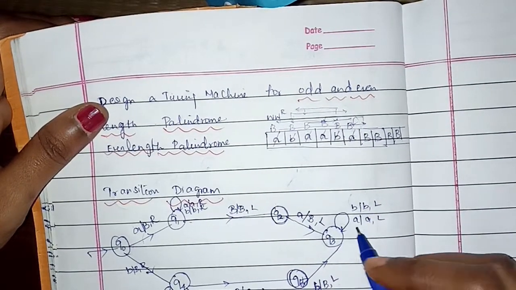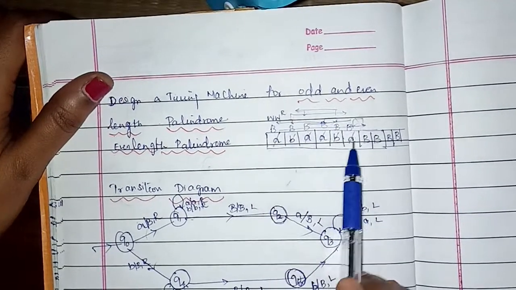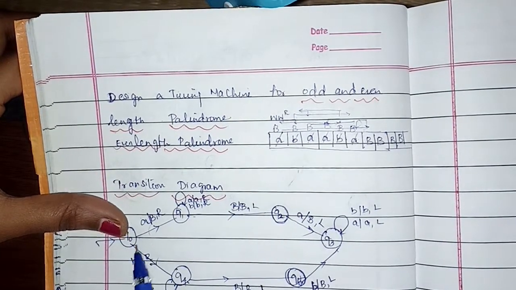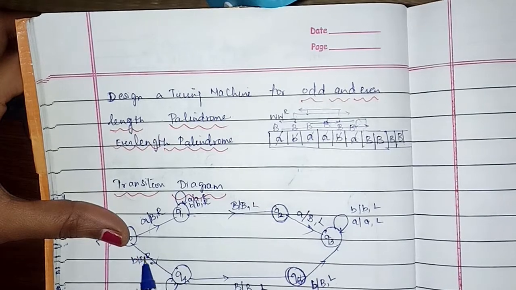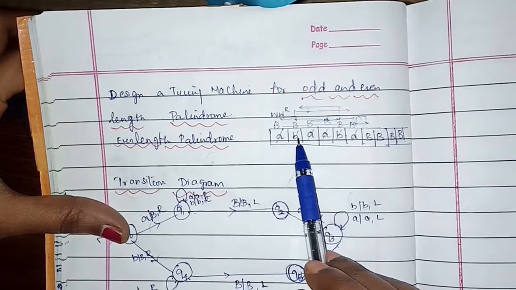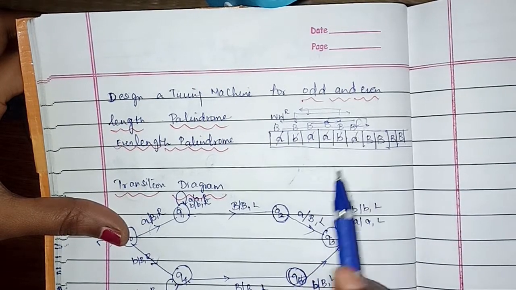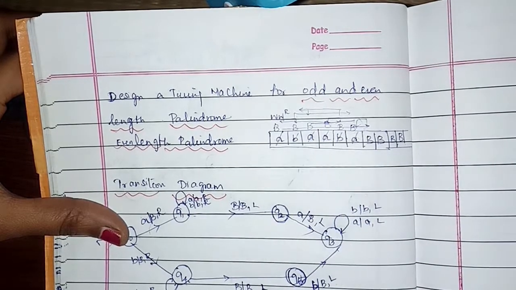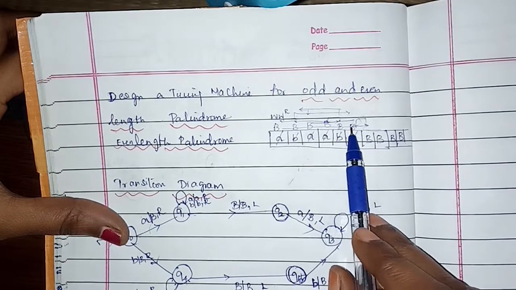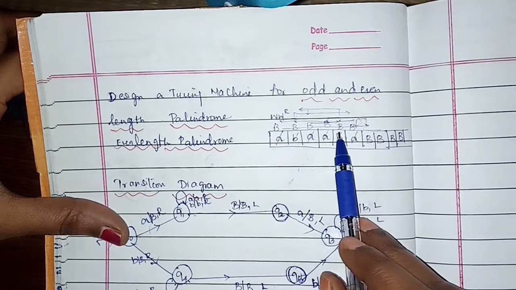See here, for the first A I have changed the first A. After that we have this B. When B comes it goes this way, and whatever A or B comes it has to go in the same direction. And whenever the blank comes, it has to go left, one step left towards this.